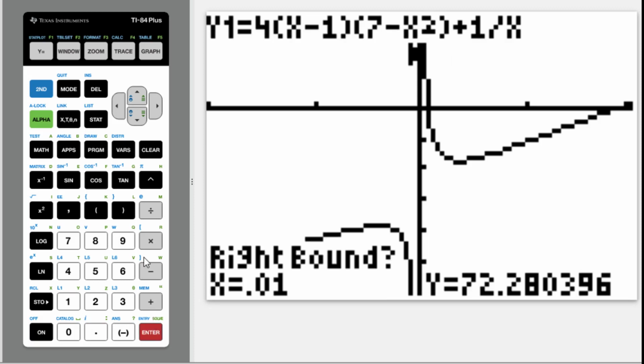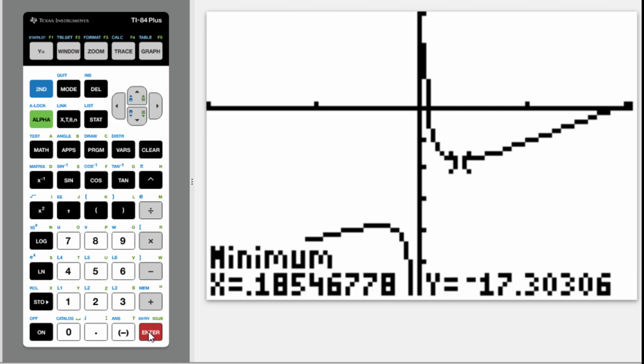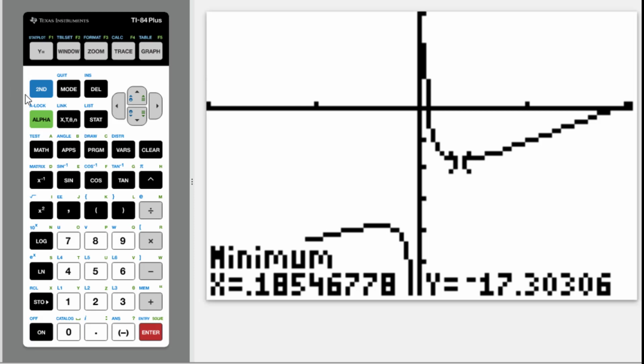Enter. Then move. Enter. Then enter. The minimum value will be 0.185, -17.3. Now let's figure out this maximum.